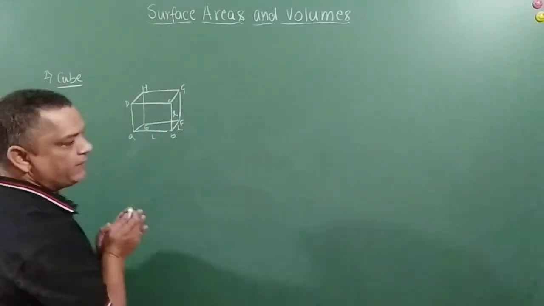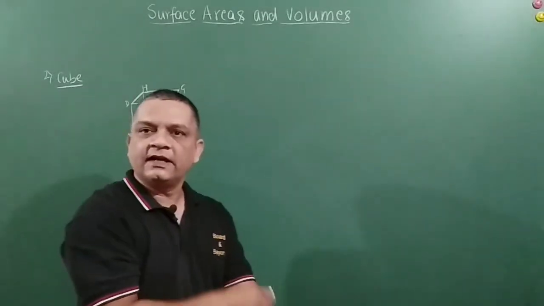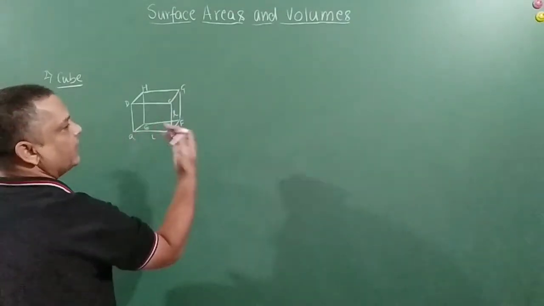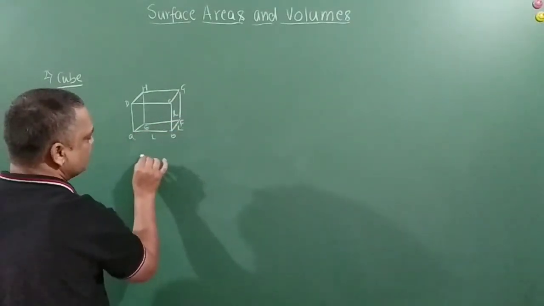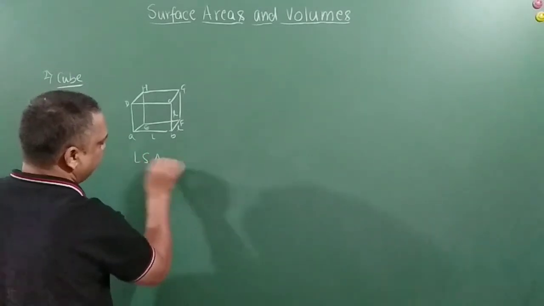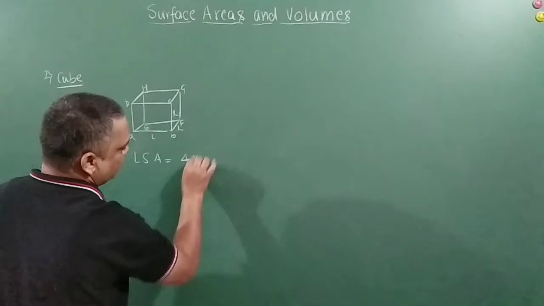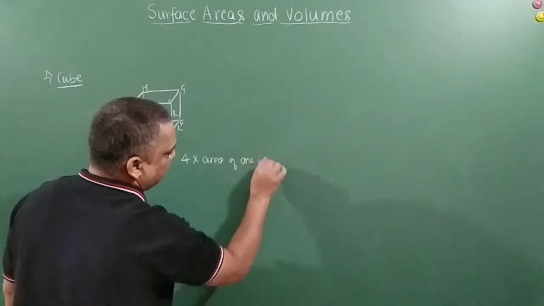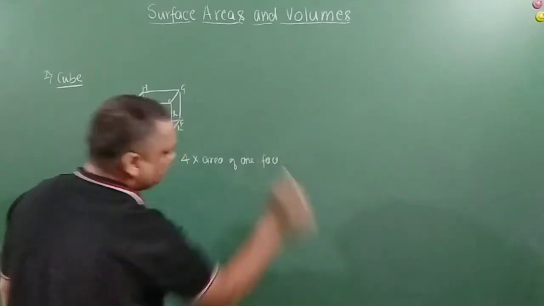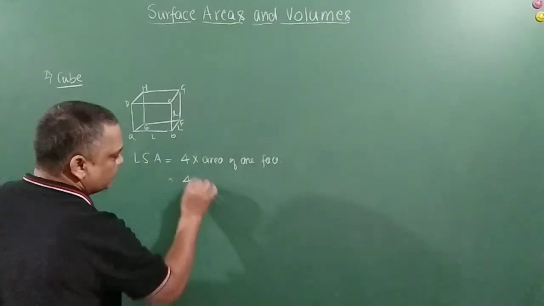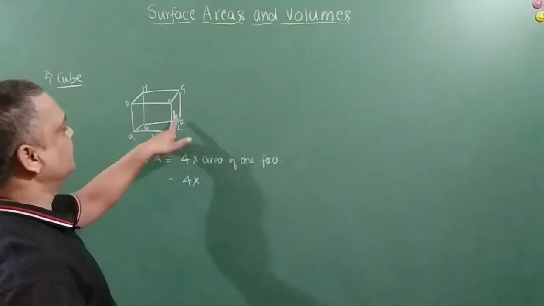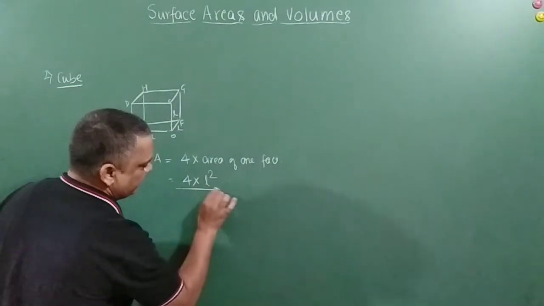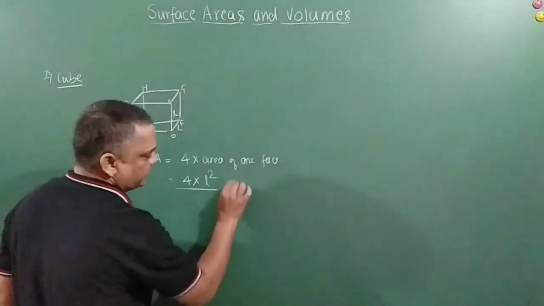So what happens friends, when I am talking about lateral surface area, so lateral surface area will be area of one face into 4, right? Lateral surface area will be 4 into area of one face, right friends? So that is equal to 4 into area of any one of the faces, which is nothing but length into breadth, which is equal to L into L, which is equal to L square, right? And this will be in unit square, right?